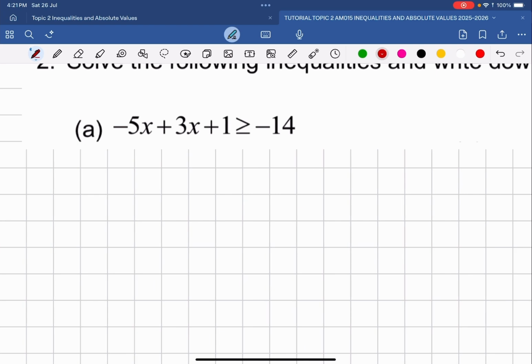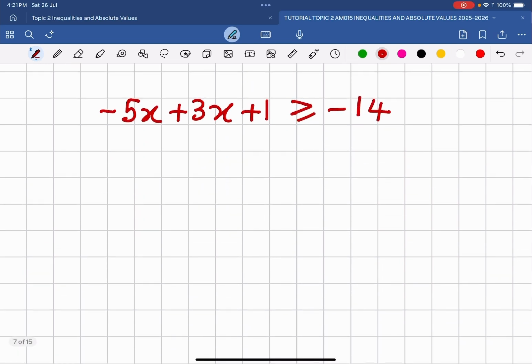So we have negative 5x plus 3x plus 1 greater than or equal to negative 14. Now the goal is to get the x, positive x, on the left hand side. Whatever your solution is, x must be positive and on the left hand side.